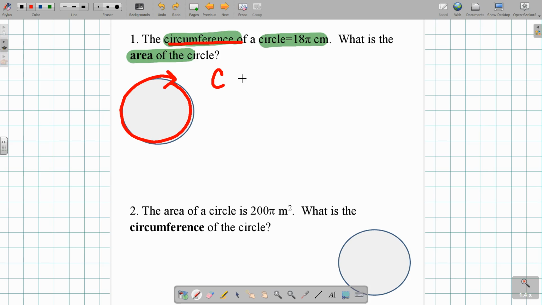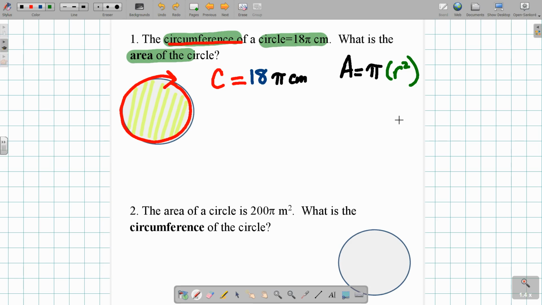Circumference is 18 pi centimeters. What is the area? Take a moment and always shade when you're talking about area. It helps your brain register. Let's write your equation out for area. Equals pi r squared. Notice I put parentheses around my radius.